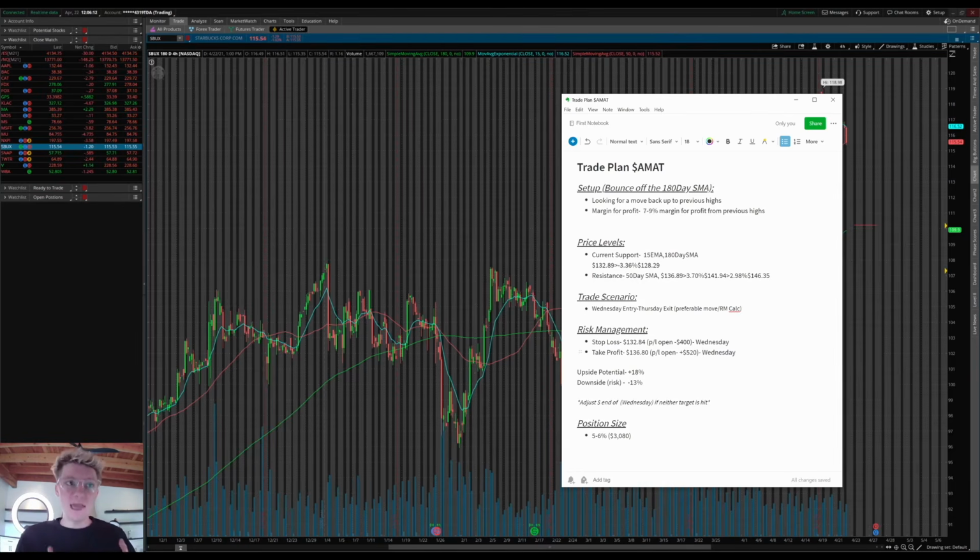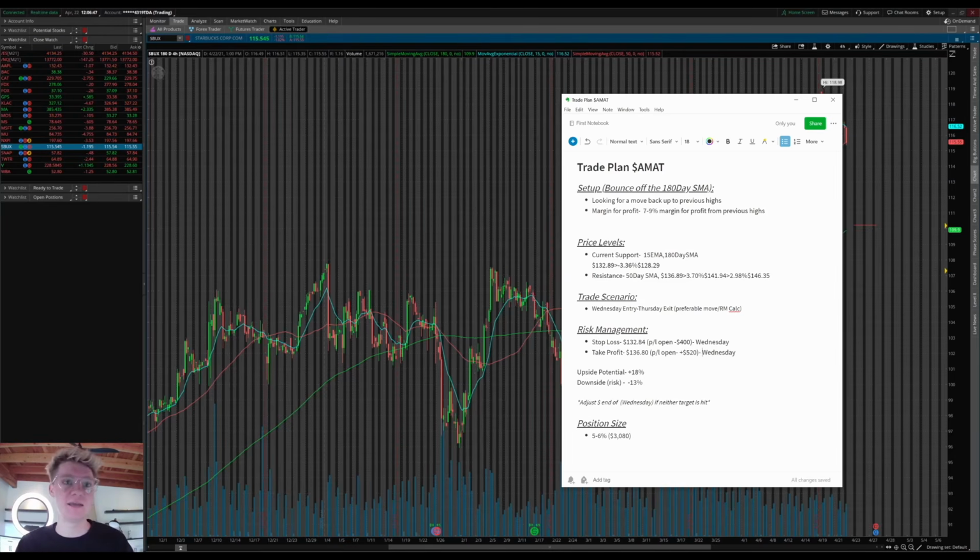Again, this is a rough estimate and these numbers are going to change. And like I said, you're going to have to adjust these numbers depending on whether you hit your target or not. So I know $520 isn't exactly 18%. It's more like 18% of 3,080 is $556 or something like that. Or not 556, 554. But you're trying to be as accurate as possible, but you don't need to be to the exact T.